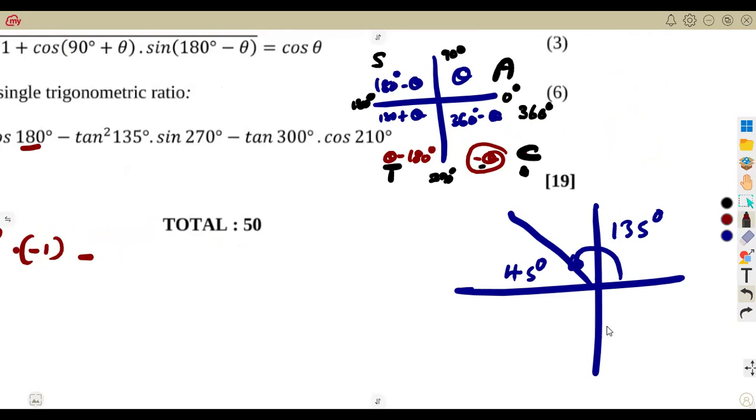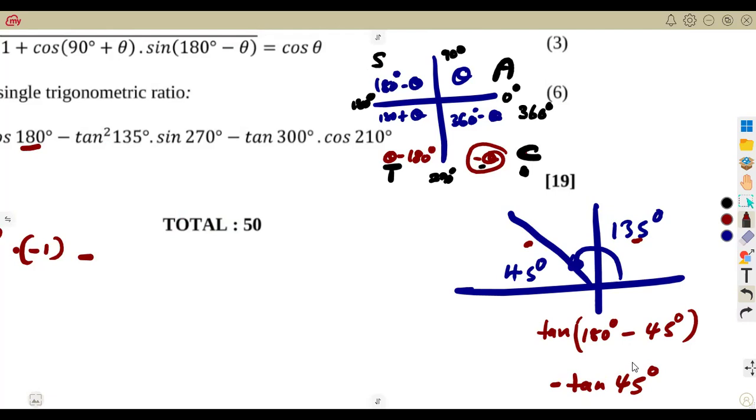So it is simply like we have got tan of 180 degrees minus 45 degrees to get 135. So it's in the second quadrant, and this is the quadrant for sine. So there tan is negative. So it's negative tan 45 degrees.